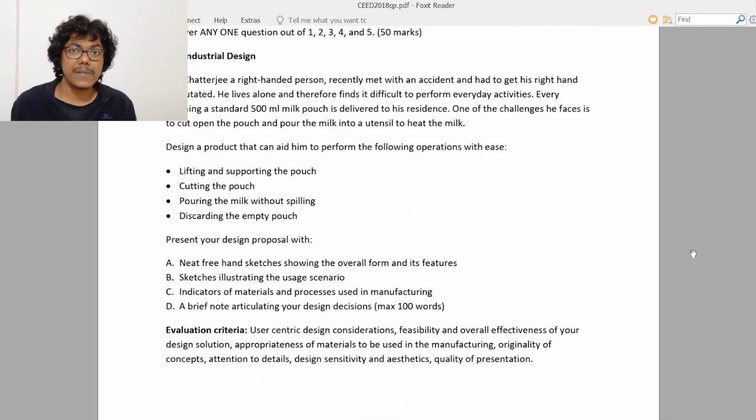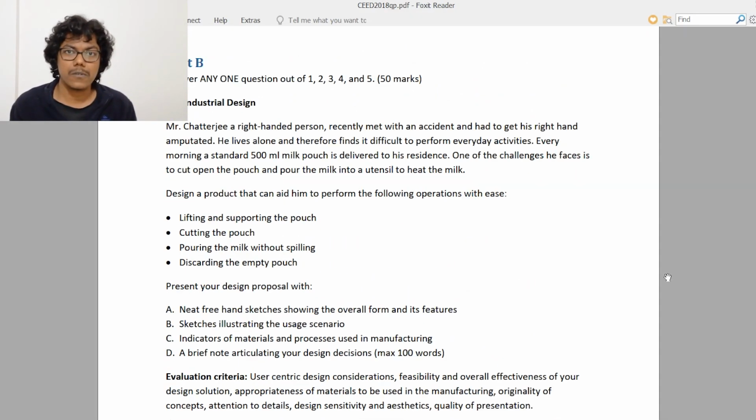So start solving other questions, and while solving other questions you may get some more idea for this question as well. Yeah, so this is also a great way to save a lot of time, because you have limited time of 2 hours. You have to play really safe. So let's jump into the part B question for 2018 question paper.